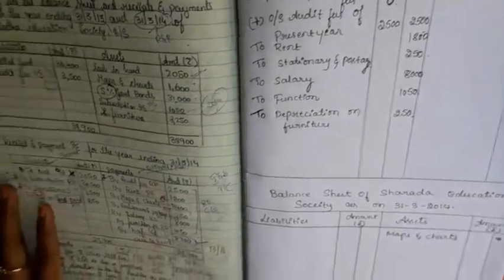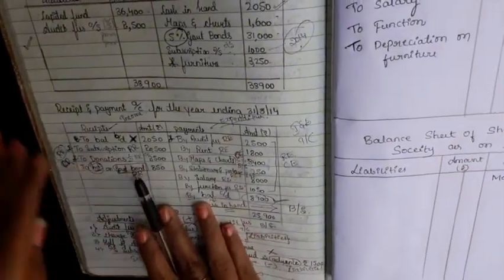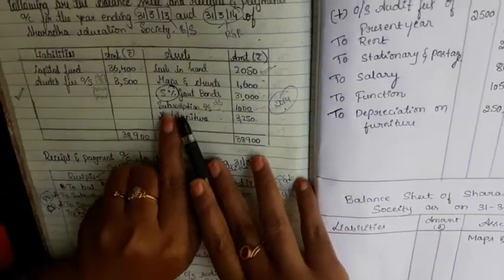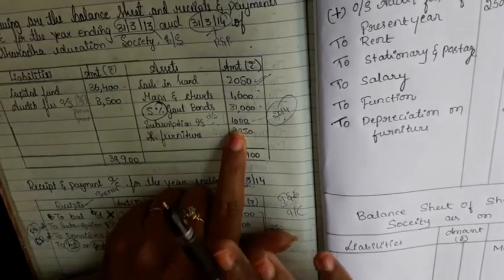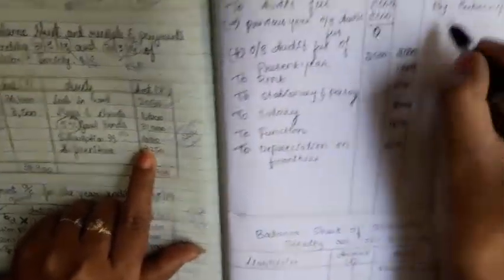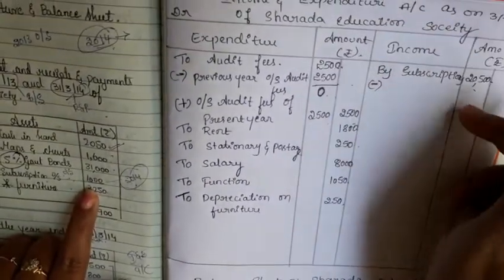So for subscription, there is an adjustment. In the previous year, there is a subscription outstanding. So previous year's outstanding amounts are always deducted from the present year amount. Why?